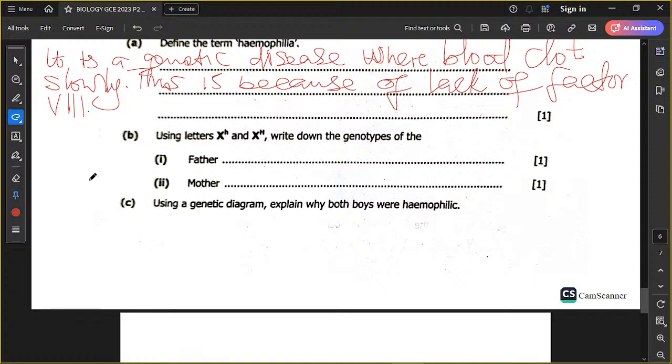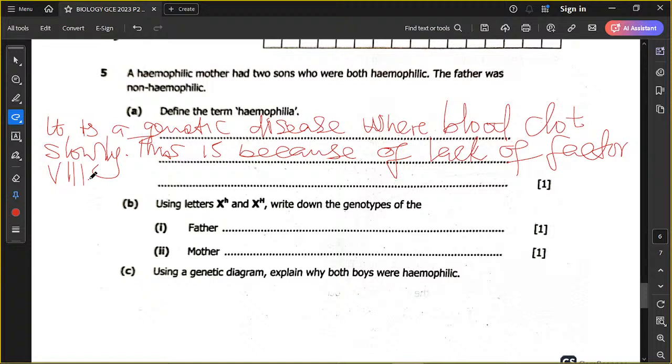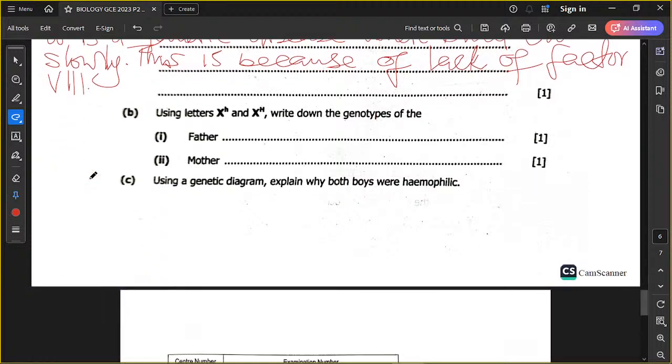So the genotype of the father, because we are told the father has no hemophilia. Here in the question, we are told a hemophilic mother, so the mother is the one who has the condition of blood clotting slowly.